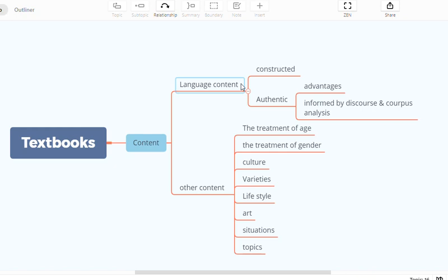That's why the authorities, the policymakers usually try to force practitioners, teachers, and learners to use textbooks, because through these textbooks they can force the learners and teachers to focus on a particular age, focus on a particular culture, include a particular culture and exclude other cultures, or be biased about some varieties, be biased about some lifestyles and exclude ours, or include ours, or include and exclude some situations.